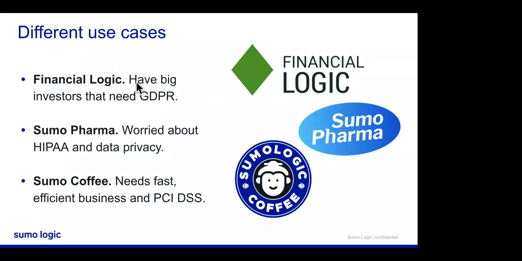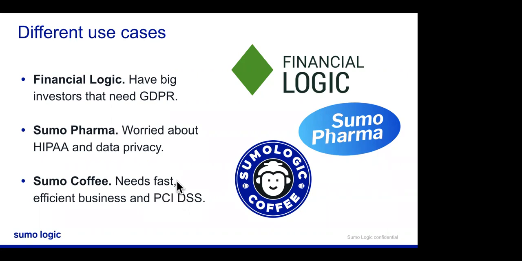But that's Financial Logic. Sumo Pharma is worried about HIPAA and data privacy associated with health insurance in the United States. And then the last company here is Sumo Coffee, which really focuses on PCI compliance.